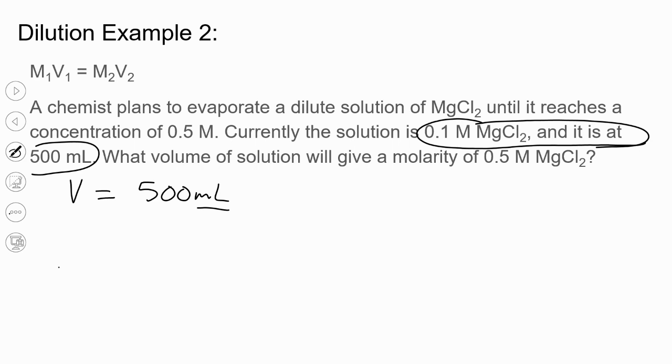So if we multiply those together, and then we divide by this odd one out, this one is talking about a different solution. So this is one solution. We'll just call it solution A. This is like solution B. So multiply these together, divide by 0.5. Is that how you got 500?